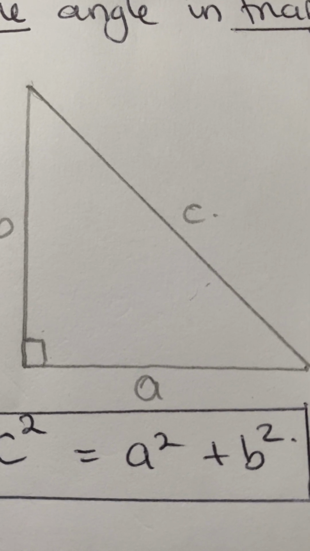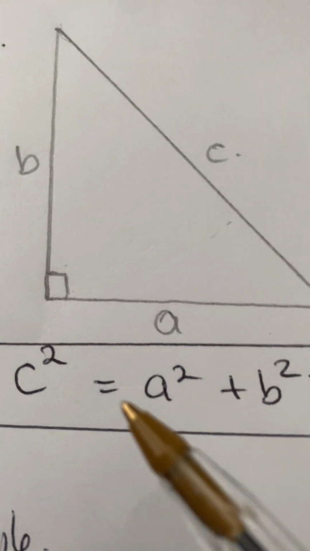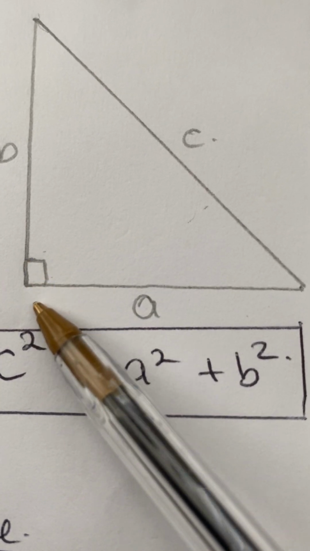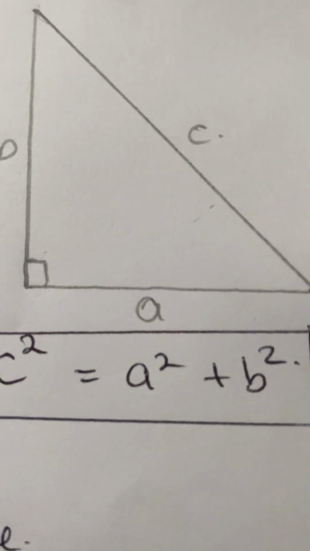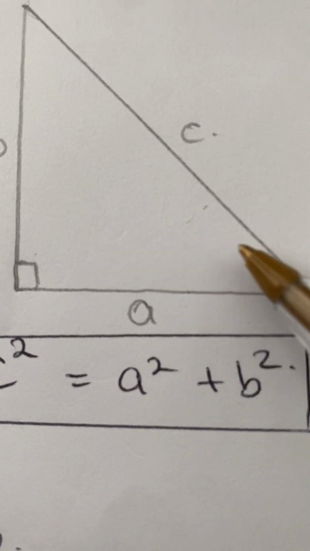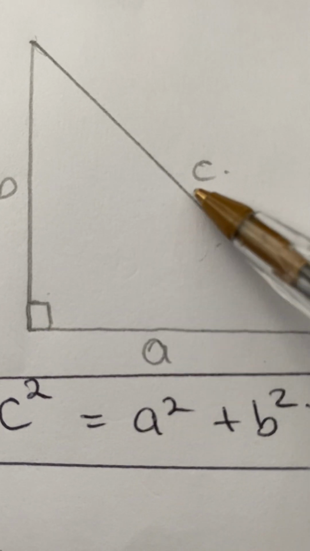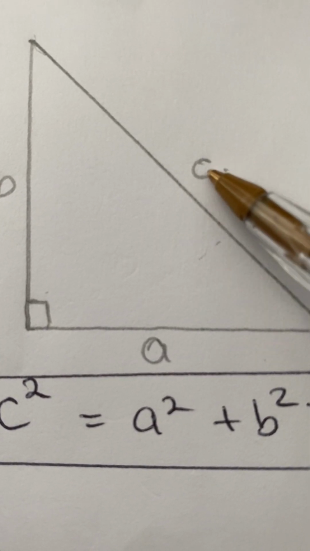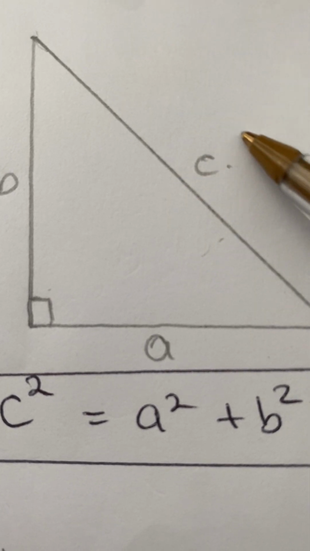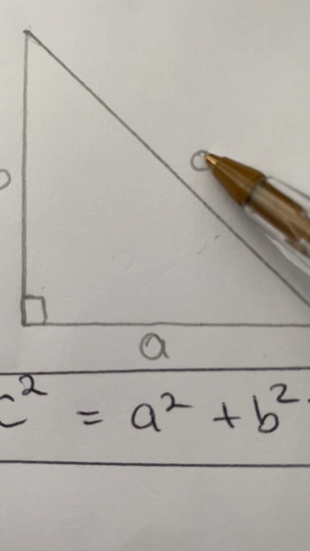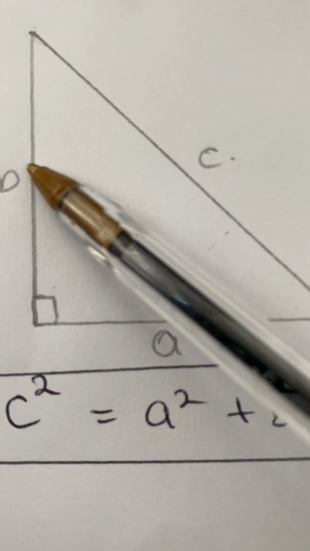So what he found out was, if you have a right angle triangle, the side that faces the right angle, the longest side, C, if you square C, it is equal to A squared plus B squared.